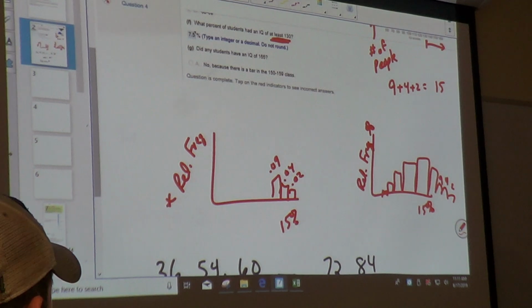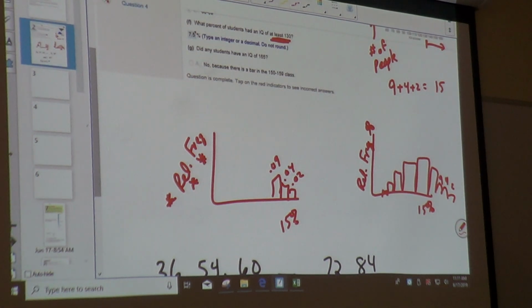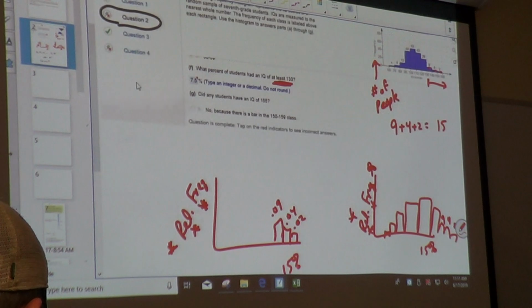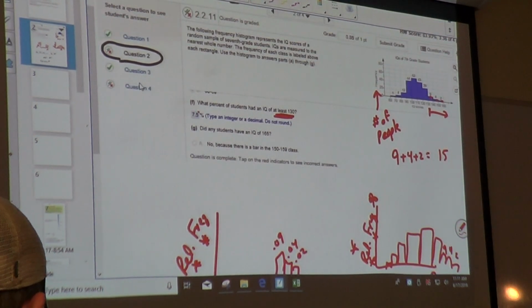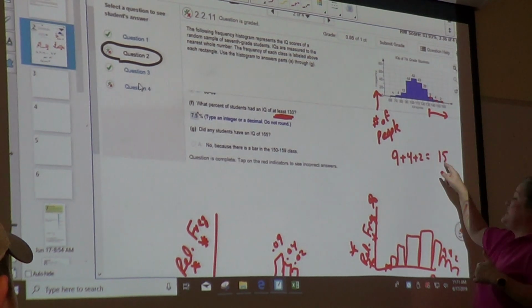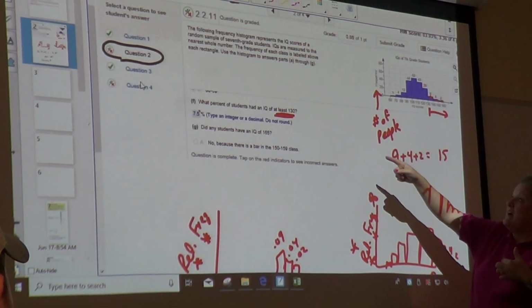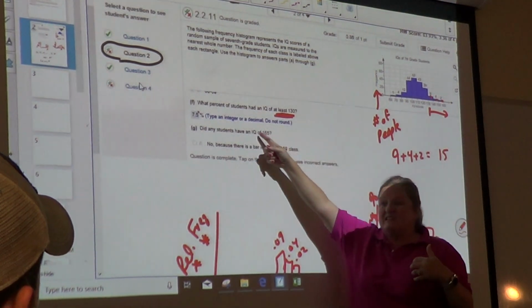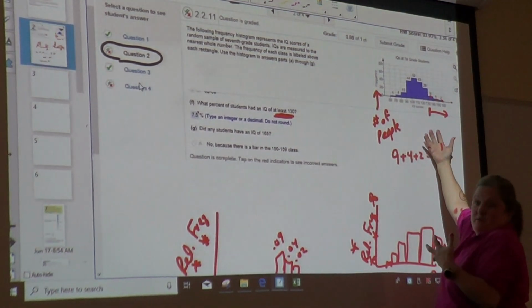But as long as we see relative frequency, we know that our answers are either a fraction, a decimal, or a percentage, but we can turn them into a percent. But if we just see frequency, that just represents the number of people. 15 people had an IQ of at least 130. We want to know the percent. This is just the number of people.